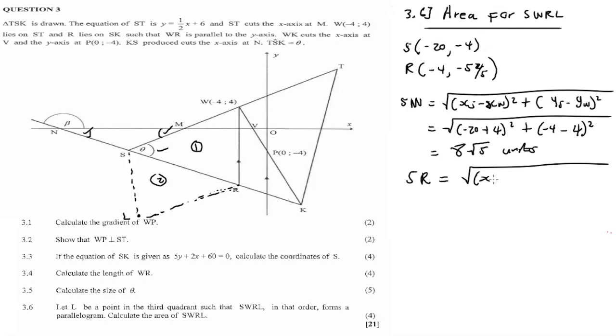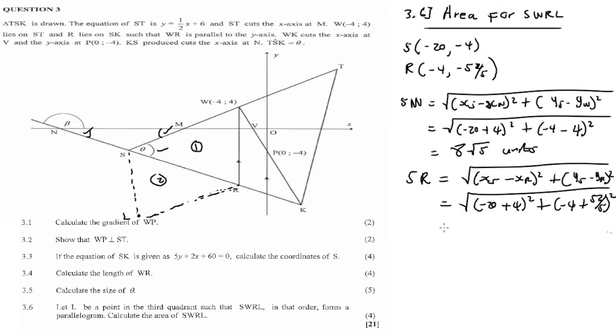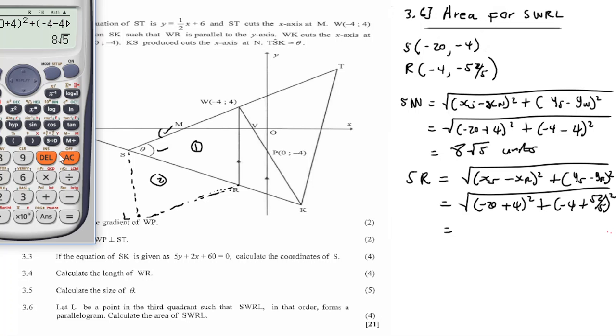So here it's the square root of XS minus XR squared plus YS minus YR squared. XS is -20 minus XR is +4 here, squared, YS is -4, YR is +52 over 5, squared, equal to, let's calculate.